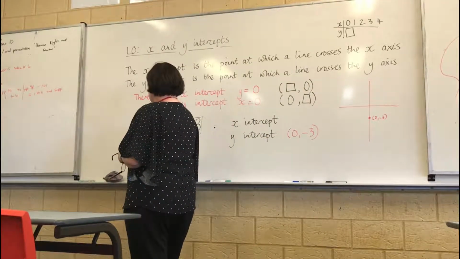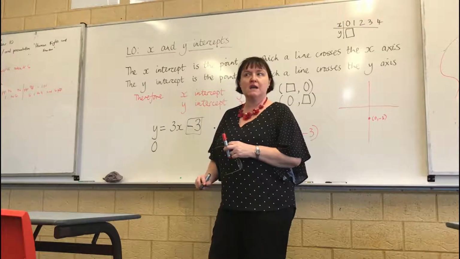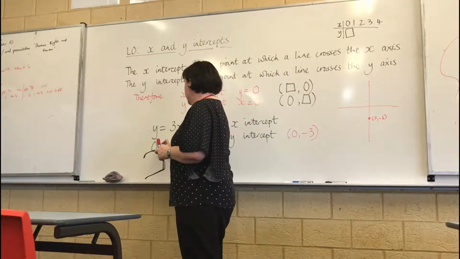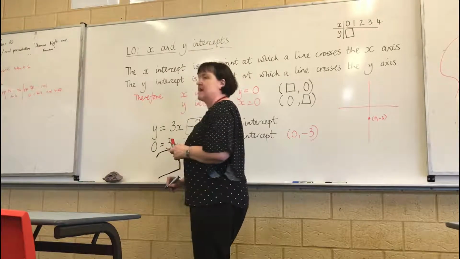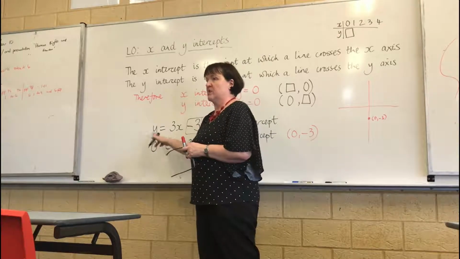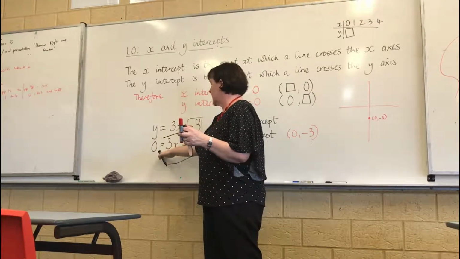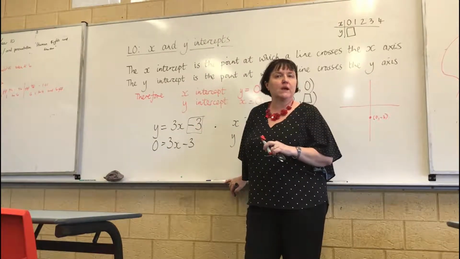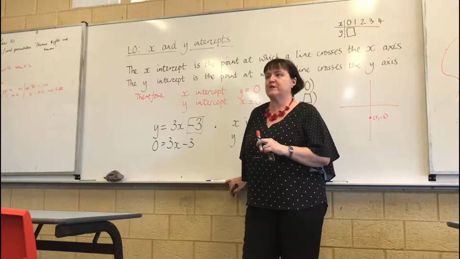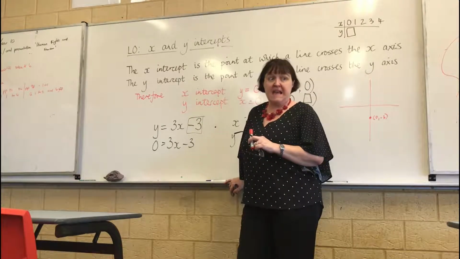So let's substitute the value for y as 0 into the equation. y is going to equal 3x take 3. So 0, because that's our value for y, is going to equal 3x take 3. Now, how am I going to solve that one? What do we do next? Take 3 from both sides.